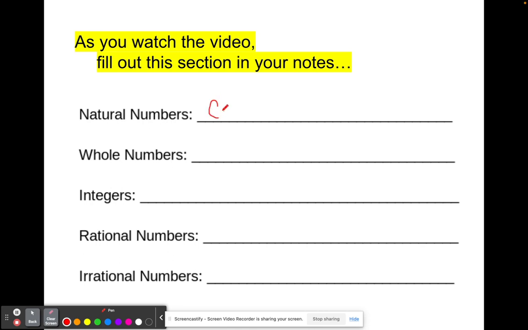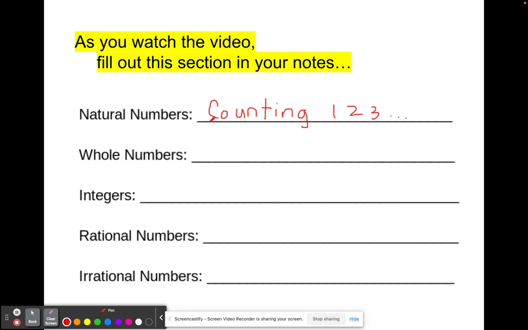You might have written counting numbers, or you could have just written 1, 2, 3, 4, etc. So writing with the mouse is not fun. 1, 2, 3, dot, dot, dot.